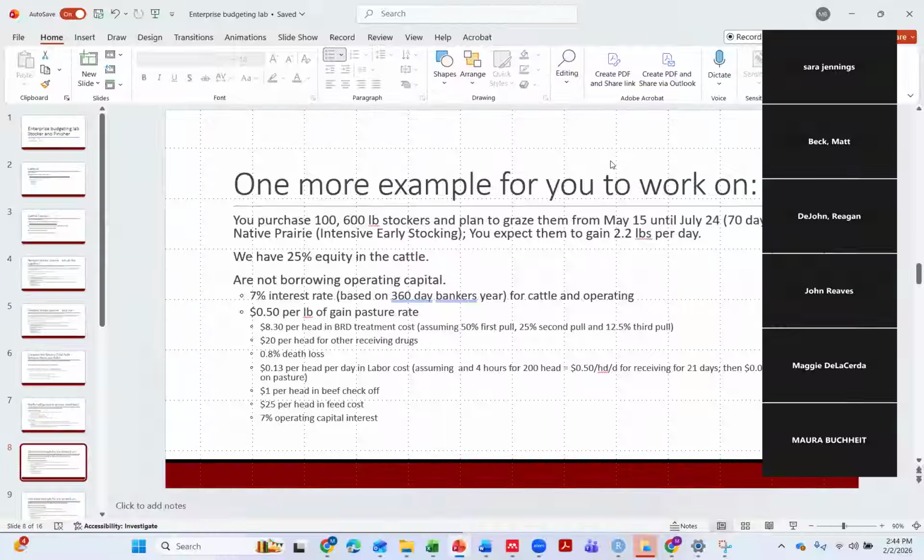If I'm being just totally frank, these scenarios are run mostly in like the Flint Hills of Kansas and eastern Oklahoma, where they have tall grass prairie, and intensive early stocking, for all intents and purposes, is far superior in the grand scheme of things.